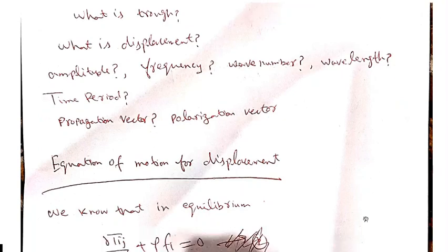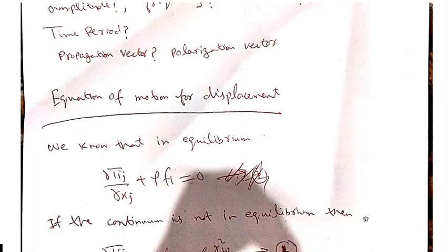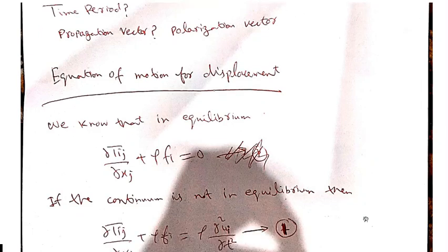Now, to study the propagation of waves in an elastic solid, we first start from the equation of motion for displacement. We know that when we have equilibrium we have this type of equation, if we remember, we have studied it: partial Tij partial xj plus rho fi equals 0.